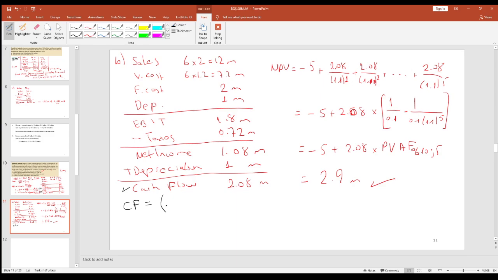So here we are going to write 1 minus tax rate times revenue minus expenses plus tax rate times depreciation.